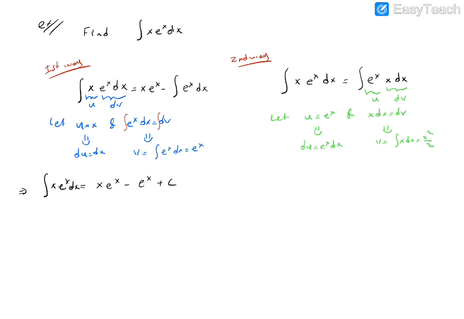So this integral equals u times v, e to power x times x squared over 2, minus integral v times du, x squared over 2 times e to power x dx. As you see, this integral is more difficult to calculate than that one. It is more complex compared to the first integral.